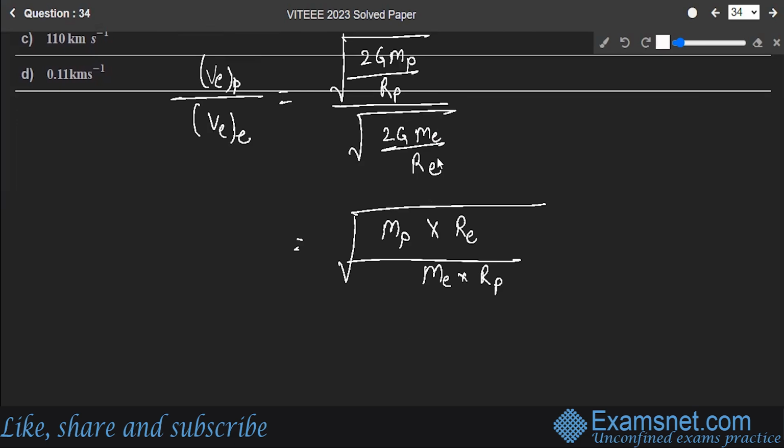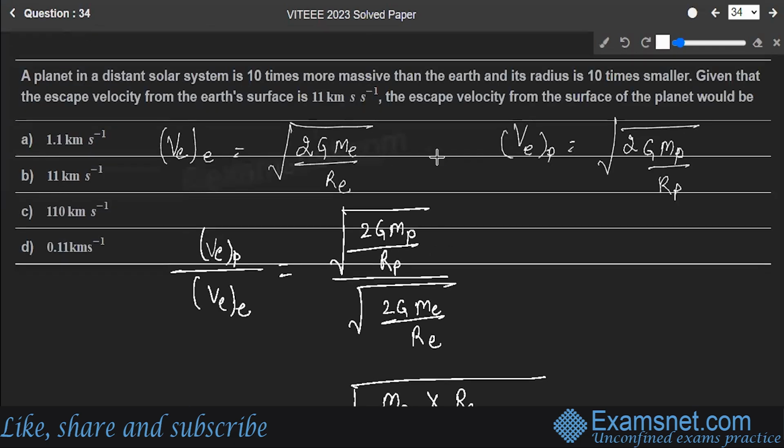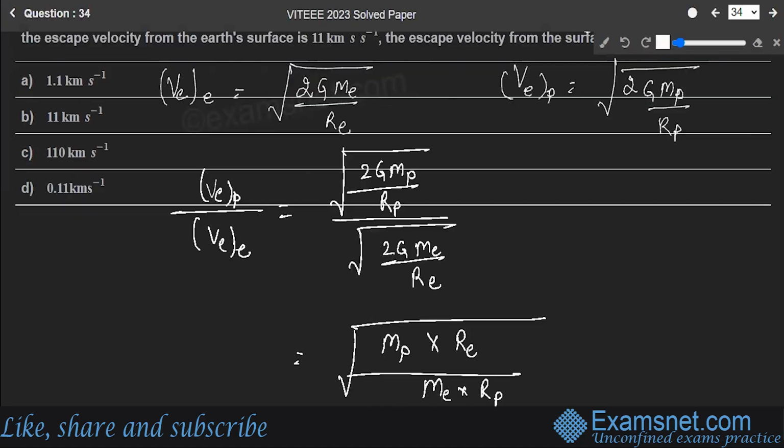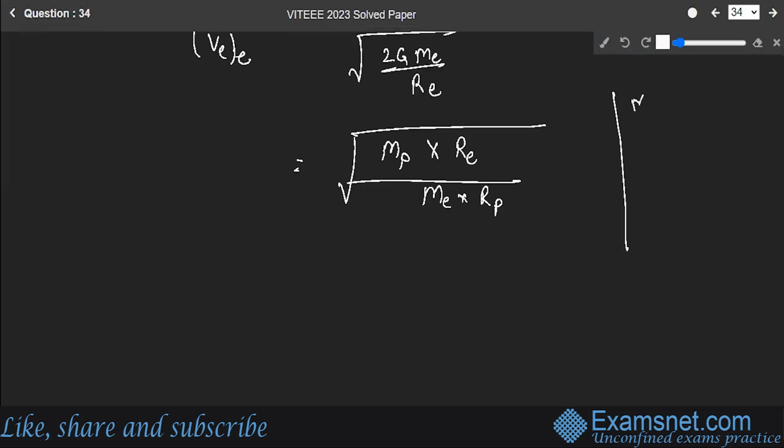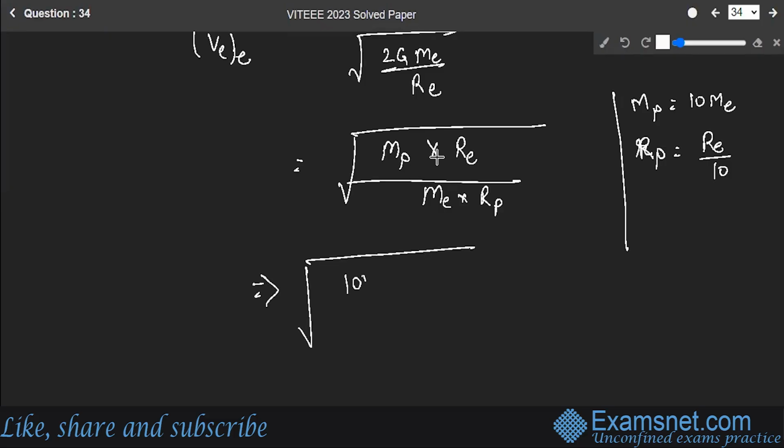Now you are given in the question that it is 10 times more massive. That is, the mass is 10 times and the radius is 10 times smaller. That means Mp is equal to 10 Me, and the radius of the planet is equal to the radius of the Earth divided by 10, according to the question. So this is equal to root of 10 Me into Re divided by Me into Re upon 10.